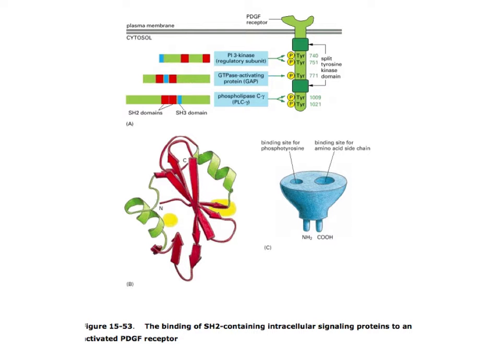And there's some nice detail here, and would be a very nice slide for introducing the concept of signaling through phosphotyrosine and the SH2 domain of PLC gamma, and describing how PLC gamma interacts with the platelet-derived growth factor receptor, shown in A there, and then in B it shows you a three-dimensional view of the SH2 domain of PLC gamma and how it might bind to phosphotyrosine, and then a little conceptual drawing there in C about how they interact with each other. So this would be a good, I would say, nice introduction to that topic.